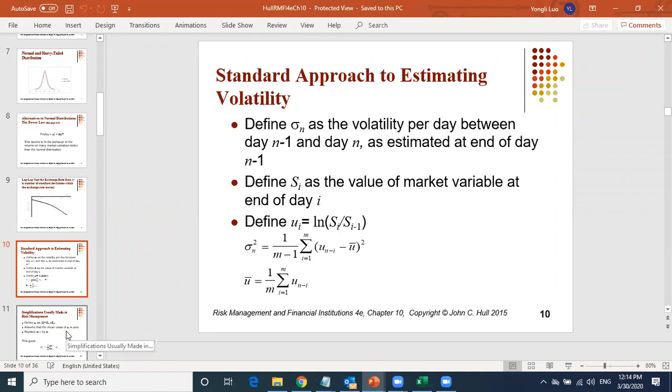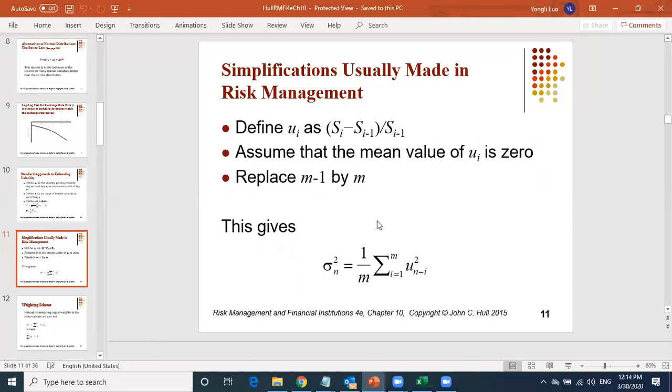There's another very common way, which is to use the price difference divided by the price of the previous day. Simplifications are usually made in risk management.